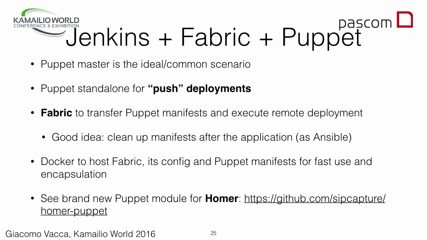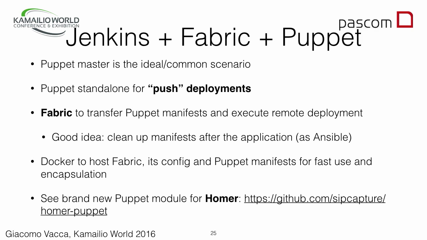Fabric has a role that sort of replaces the Puppet master, because we use Puppet in a standalone fashion. So basically, we have a container with all the Fabric binaries and configuration. We isolate it with all the SSH keys to connect to the target hosts.